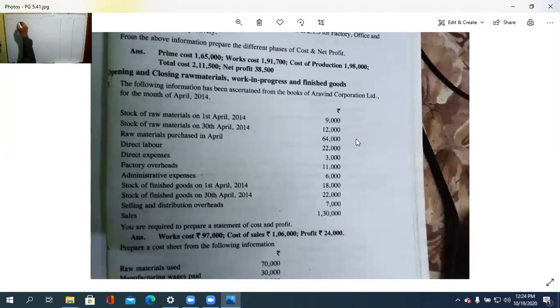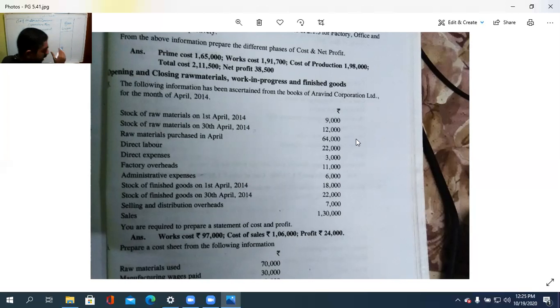So, firstly, cost of materials consumed. Opening RM, raw material, how much it is? 9,000. Then add the purchases. RM purchased. So how much? RM purchased is 64,000.